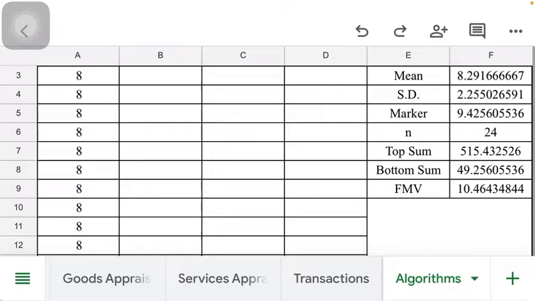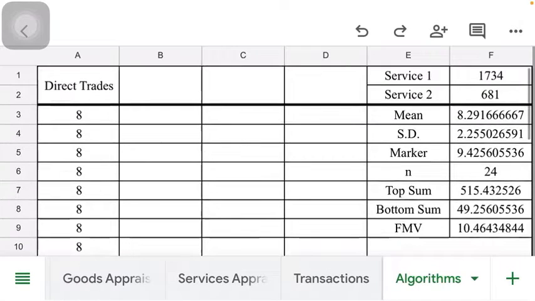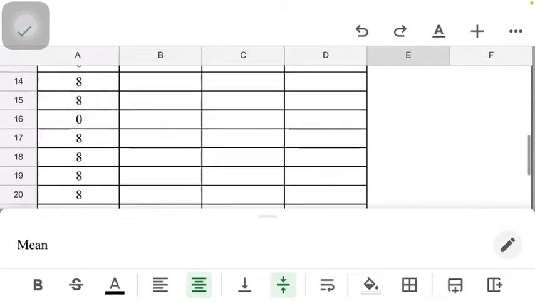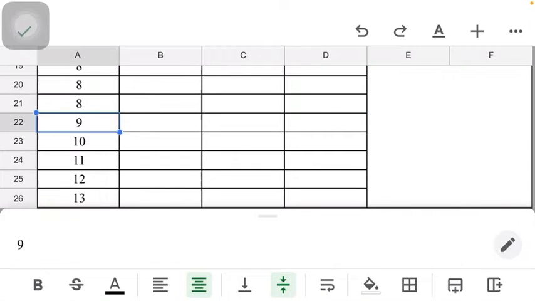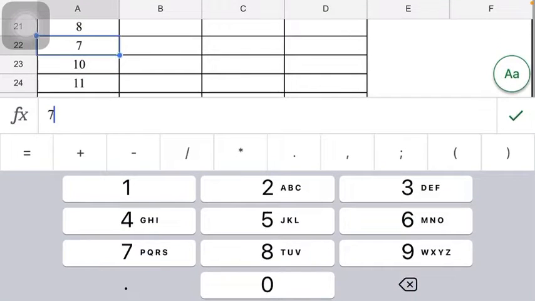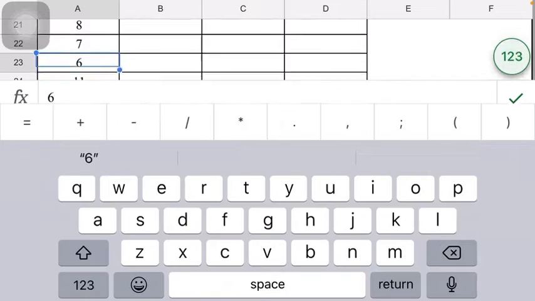So this equation is far more complex than the mean. The mean is actually like a kid's equation if you want to compare it to the fair market evaluation. So now let's invert these numbers. So let's go 7. Let's make this 6. 5.